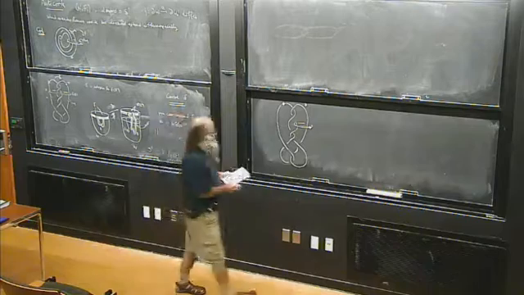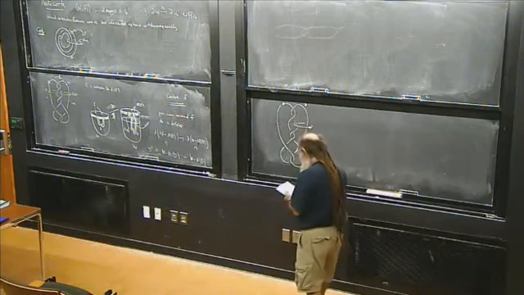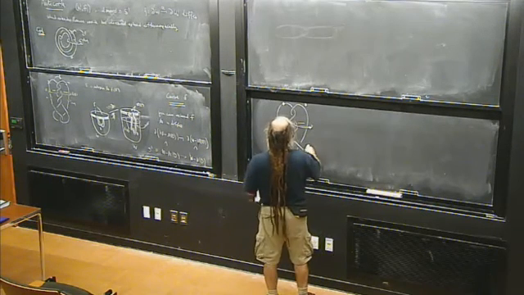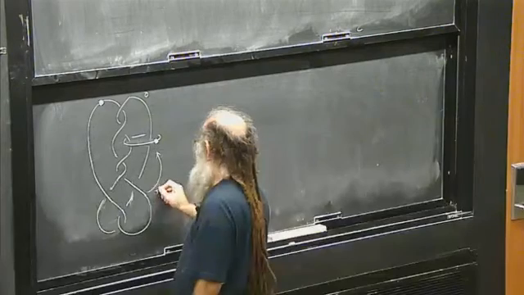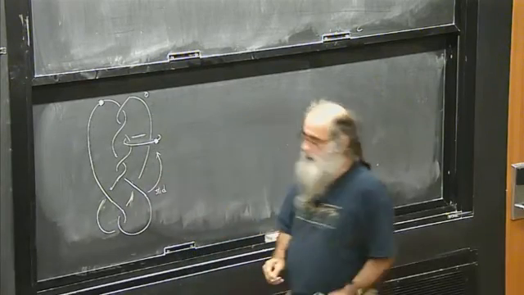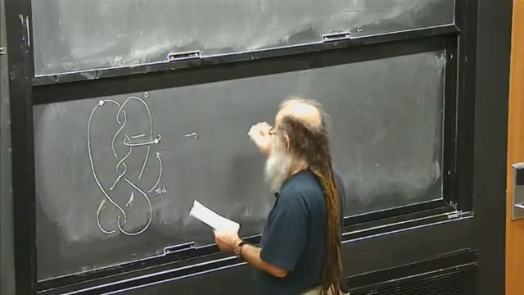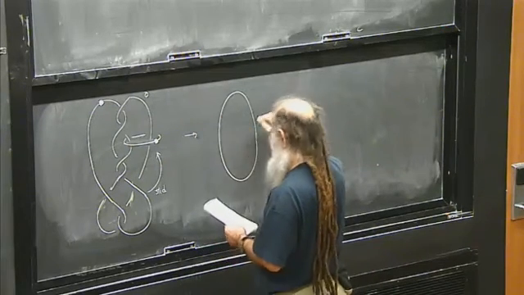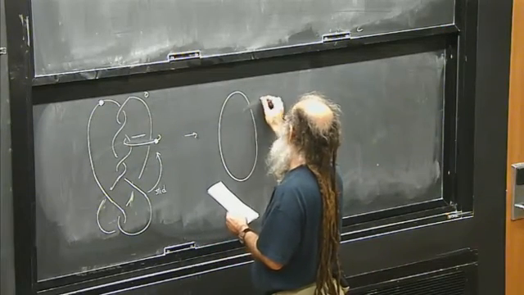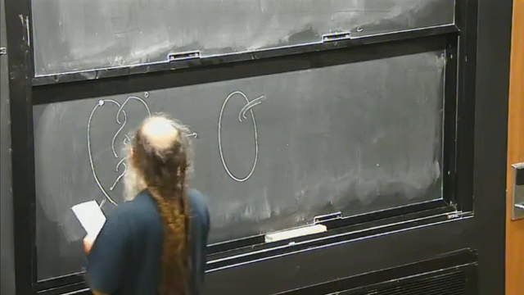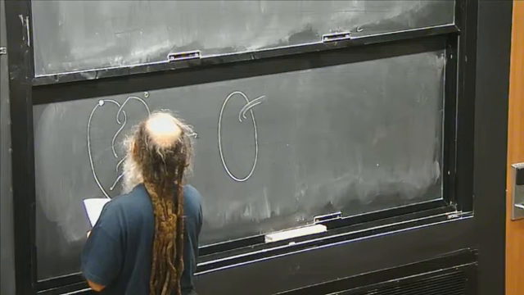So let me tell you why this is simply connected. Well, you can do a slide in here. And if you do a slide in there, this picture will look like this. Maybe I should put this yellow here.